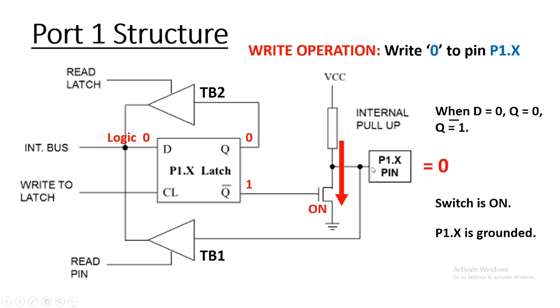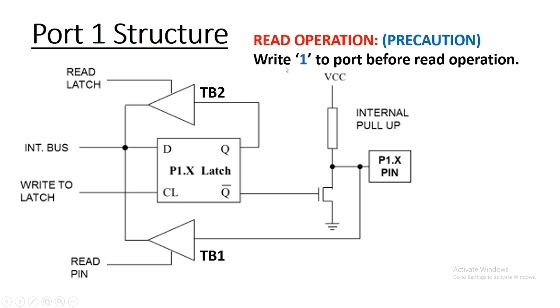So the voltage level at the port pin is pulled down to 0, or you can say that particular pin is grounded, and that's why it is giving you logic 0. In this way it is configured as the output port.